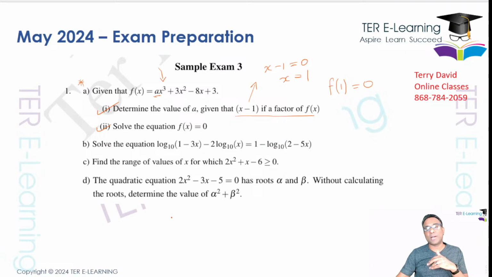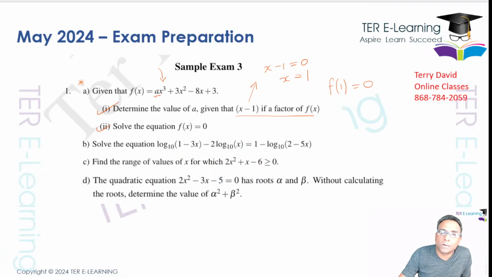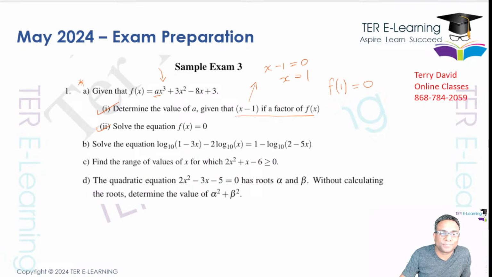In order to do that, we have to perform what we call a long division. We have a is 2, so it's 2x cubed plus 3x squared minus 8x plus 3.